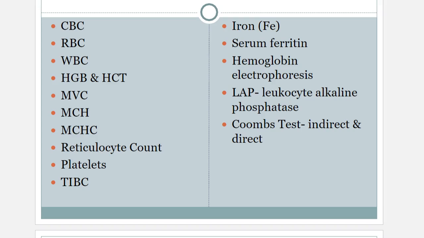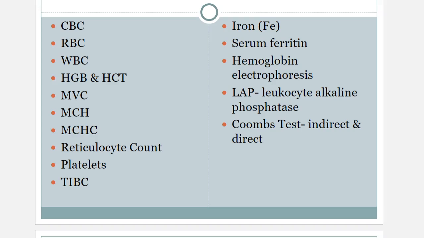We might see it in pernicious anemia, maybe they have vitamin B12 deficiencies due to the fact that they don't have that intrinsic factor in their stomach, or also we might see it in sickle cell disease. So that's what those mean, okay?